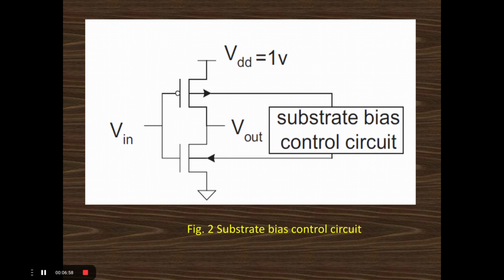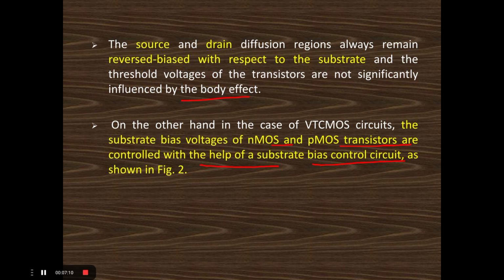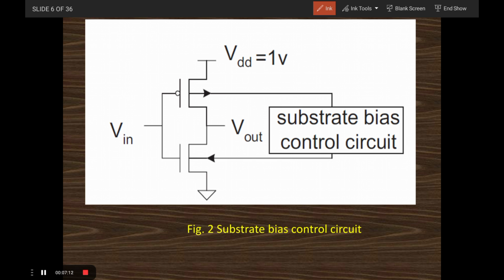Let us see this figure. This is the circuit diagram for the VT-CMOS, variable threshold CMOS circuit. This is the basic circuit. Here this is the substrate terminal. This is the P-type substrate.